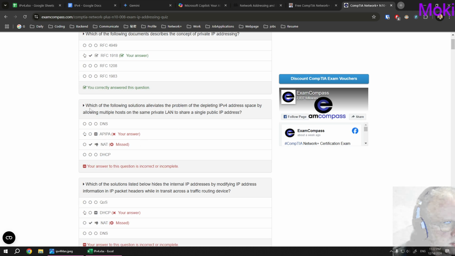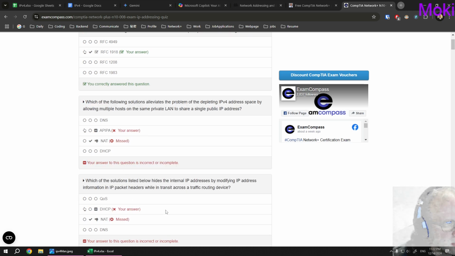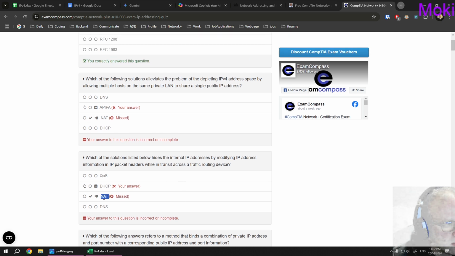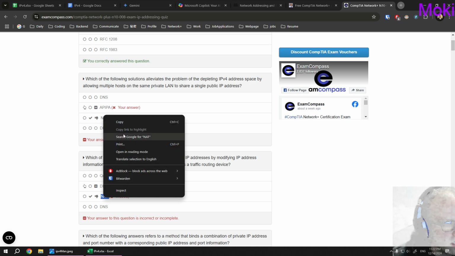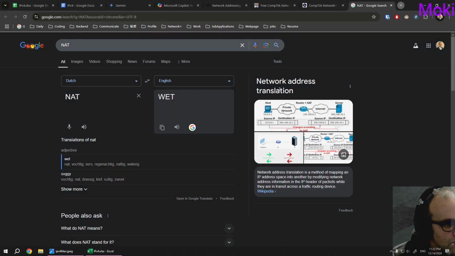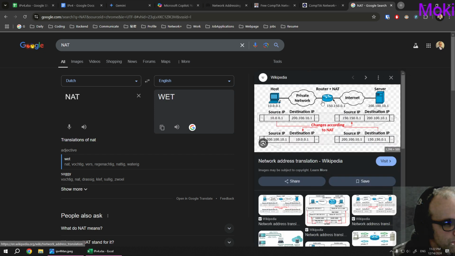NAT is network address translation. It's your router in your house.